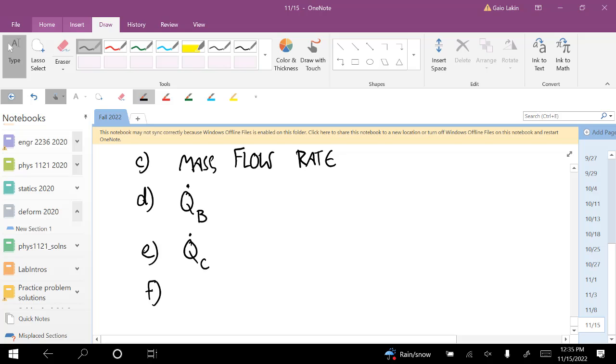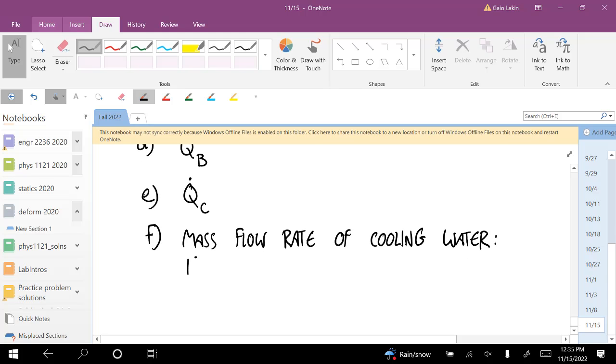And finally, the mass flow rate of the cooling water, given that the temperature at the inlet coming in is 15 degrees Celsius and the temperature going out at the exit is 35 degrees Celsius.